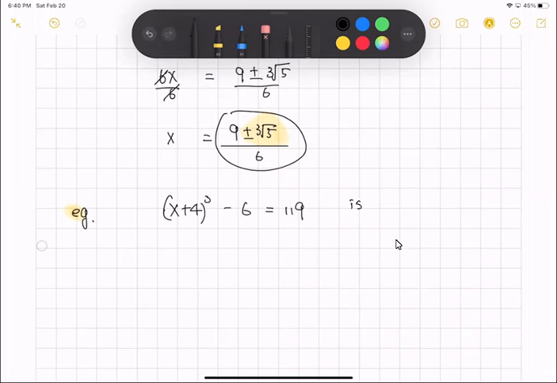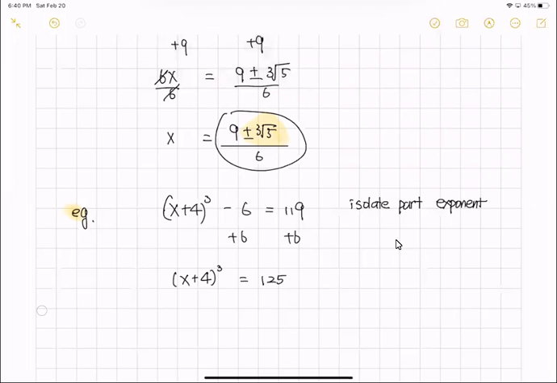You want to isolate the part with the exponent, which means you want to add 6 on both sides. I have x plus 4 cubed equals 125. And then you take the cube root on both sides.